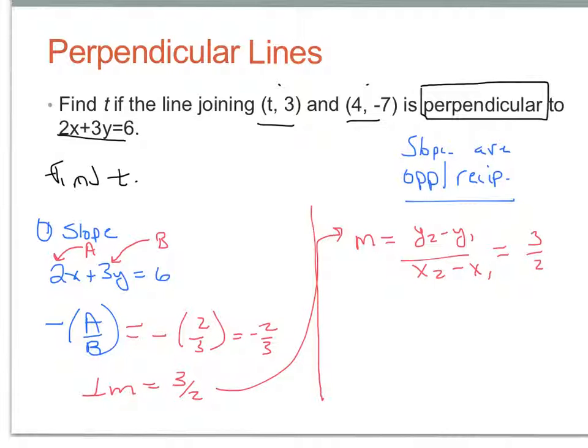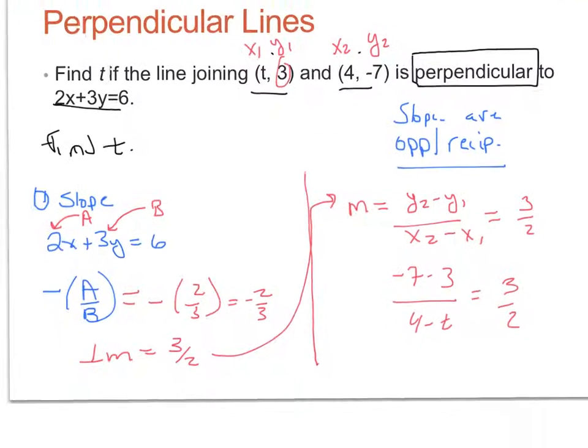So up here, I got x1, y1, x2, y2. Plug the numbers in. I have a negative 7 minus 4 all over, excuse me, let me erase that. It's not minus 4. It is minus 3 all over 4 minus t, and that's going to equal 3/2.